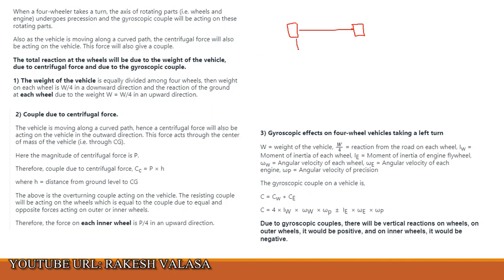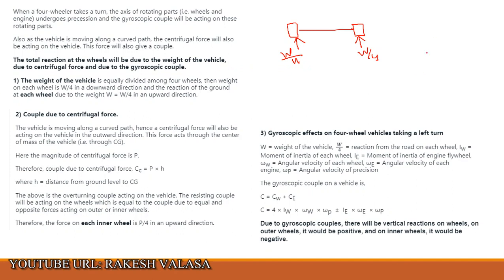So the load on each wheel is W by 4. Then the weight on each wheel is W by 4 in the downward direction, and the reaction of the ground at each wheel due to the weight is W by 4 in the upward direction.